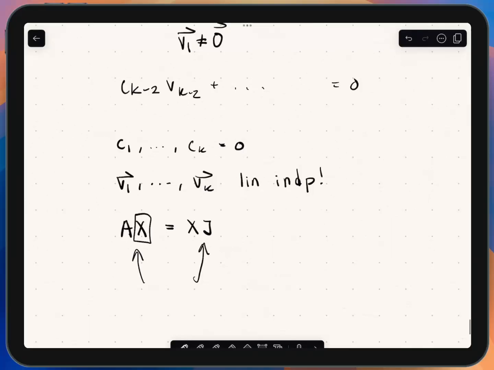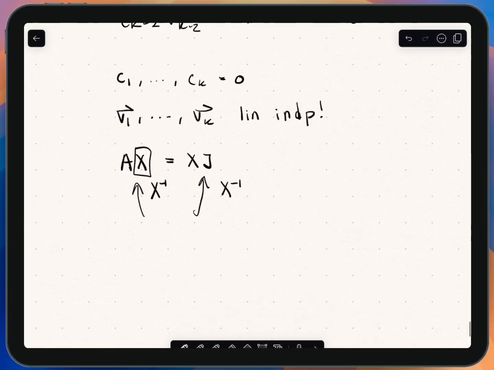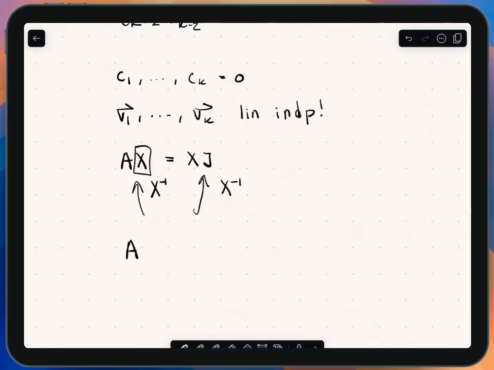So then I can play this trick in reverse. I'm going to multiply by the X inverse, which we now know exists, on both sides. And we're going to get A is equal to XJX inverse. Whew, that was a lot. But that is why this form even works to begin with.